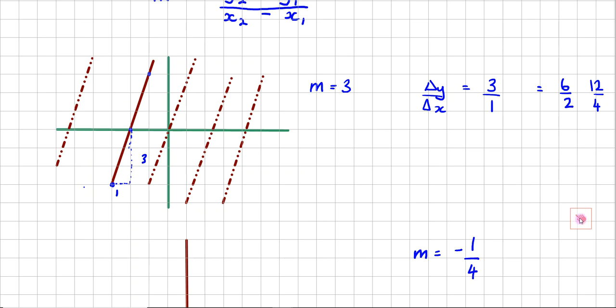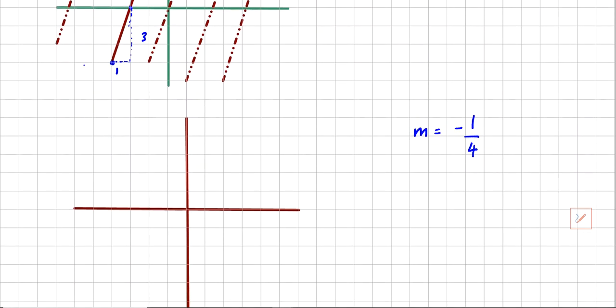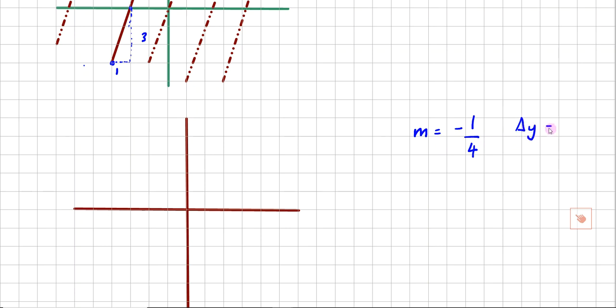Now, if we look at this one that you're like, oh my God, I have no idea how to do this. But actually, it's just a fraction that doesn't simplify to a whole number. So actually, the change in y is -1. The change in x is 4.